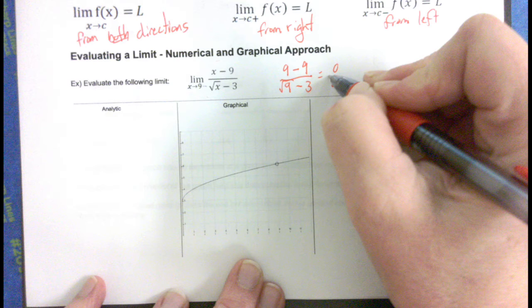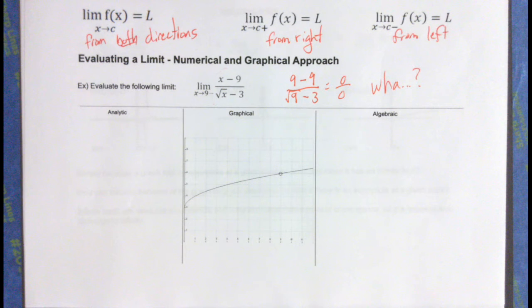Now, that is why the graph has a hole in it. But the limit as x approaches 9 from the left of x minus 9 over the square root of x minus 3 is the y value that this gets super close to as the x value gets closer and closer to 9.